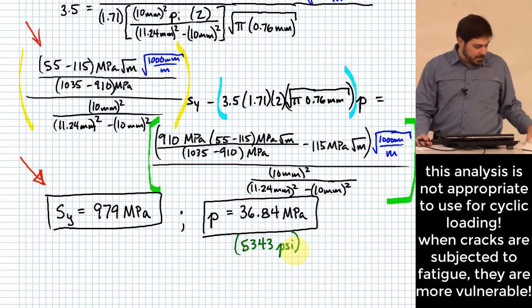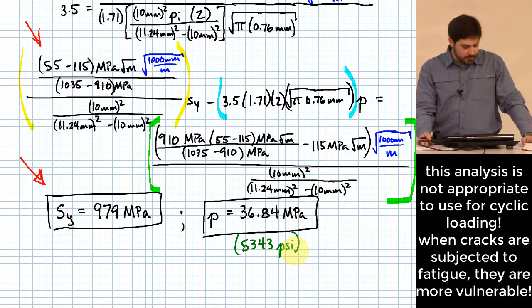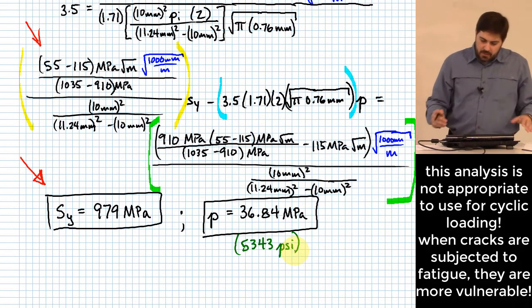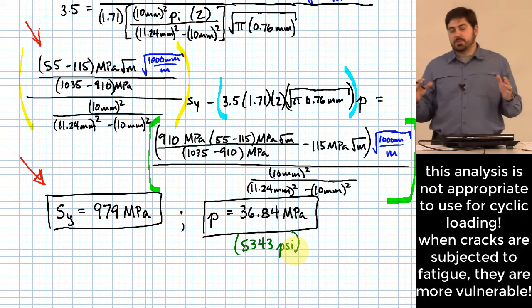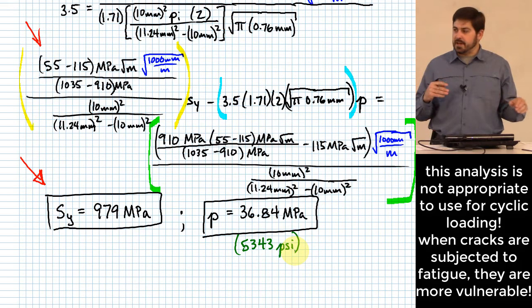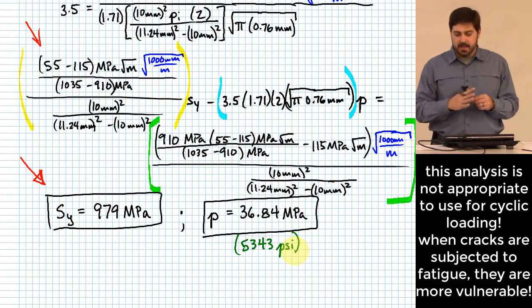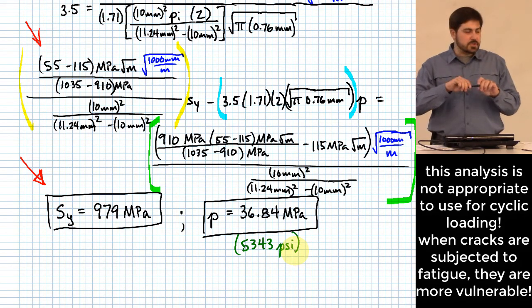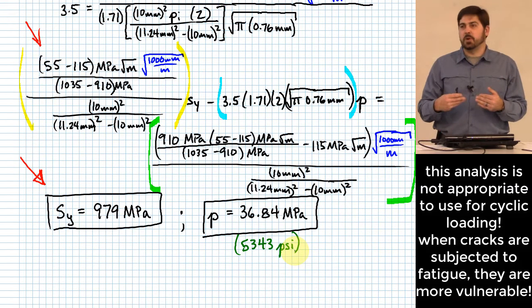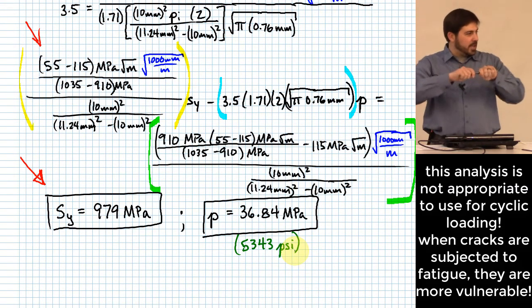All right, I need to give one last disclaimer here, and it's this. There is a whole segment of this course that we haven't gotten to yet called fatigue, okay? Fatigue is a different kind of phenomenon. So the big idea of fatigue is that if you have a material that you stress at a stress level that's hypothetically lower than what it would take to break that material, and then you do it over and over again, right?